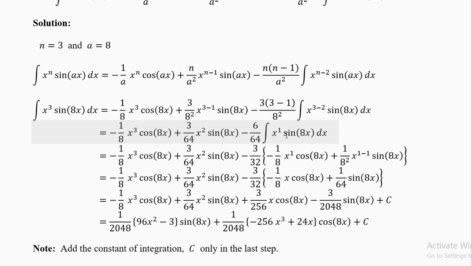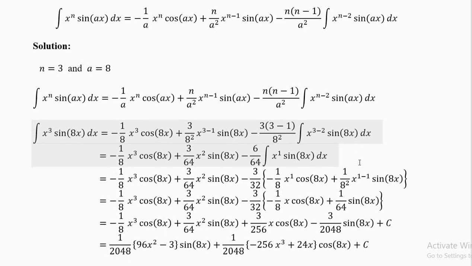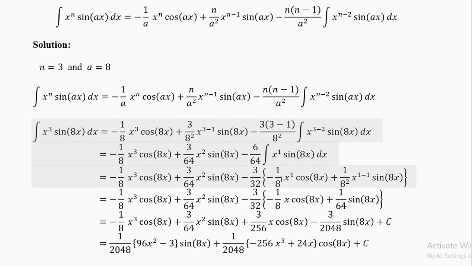Please do not try any technique of integration here. Go back to your integration formula. Now it is minus 1 over 8 x power 1 cos 8x in the bracket, plus the second term n over a square, 1 over 8 square, into x power n minus 1. 1 minus 1 is 0.